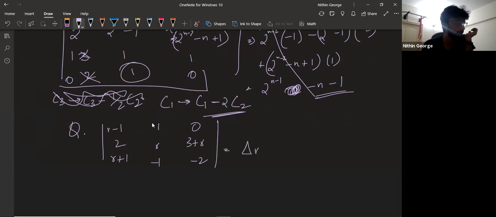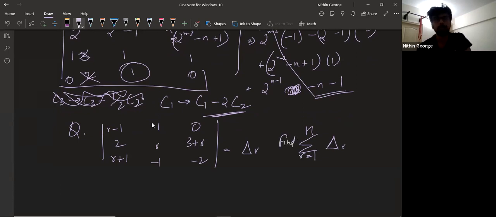This is delta R. Find sigma R equal to 1 to N delta R. What do you do here? Guys, in this question, what do you do? It is very intuitive. What do you do here?